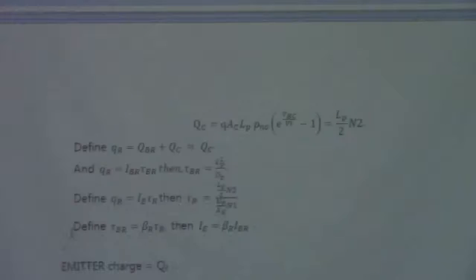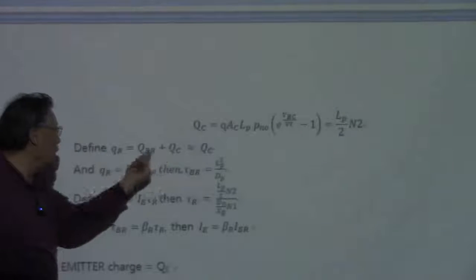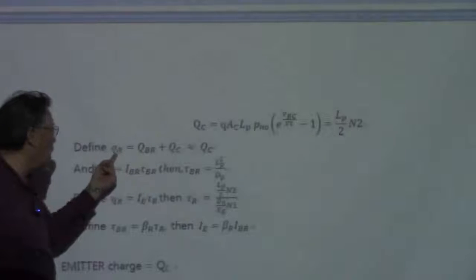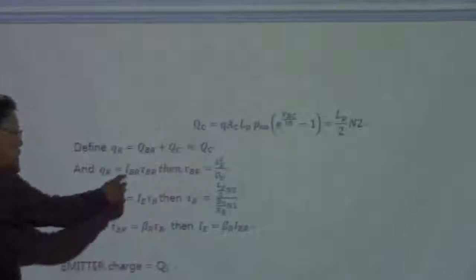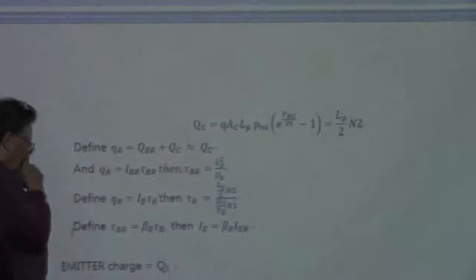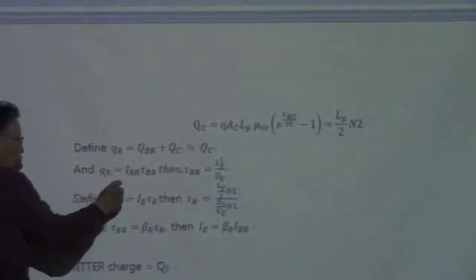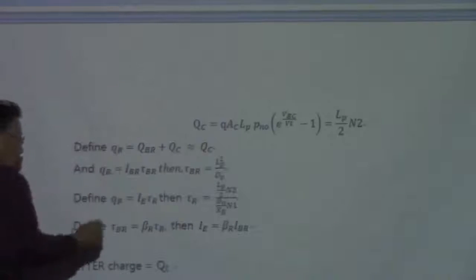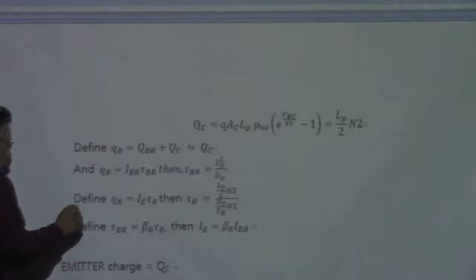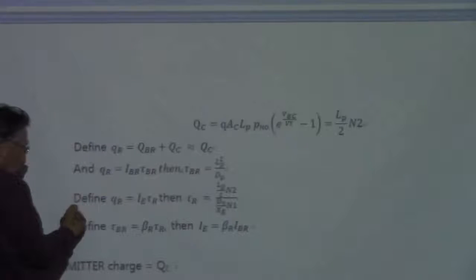Then we lump the two charges into one charge, QR, which can be approximated with the QC in this case. QBR is trivial. And the QR is going to be expressed something like that. It's just like the former derivation.